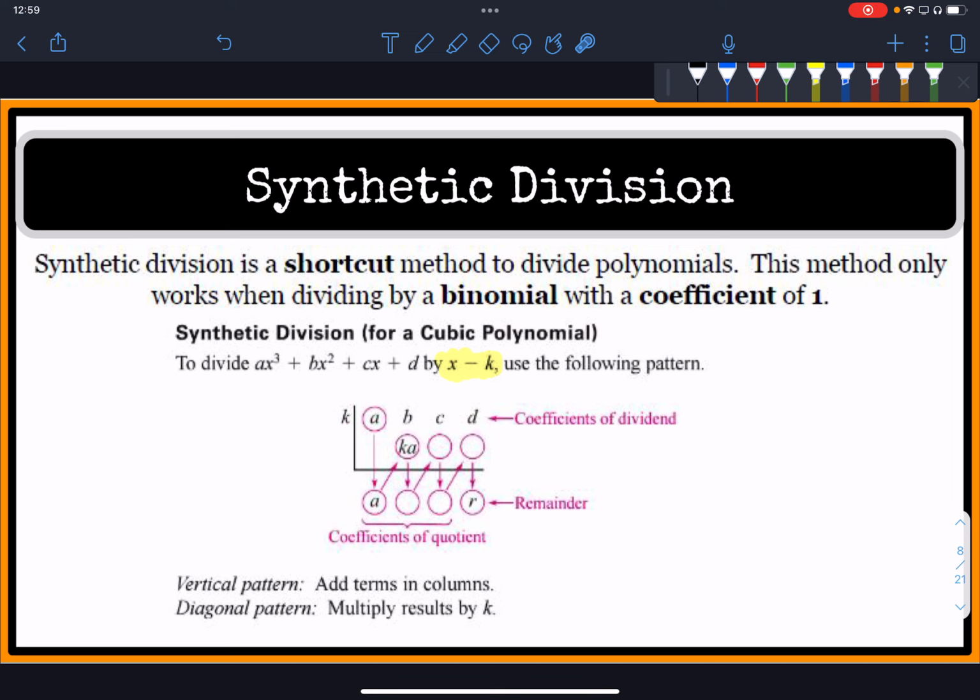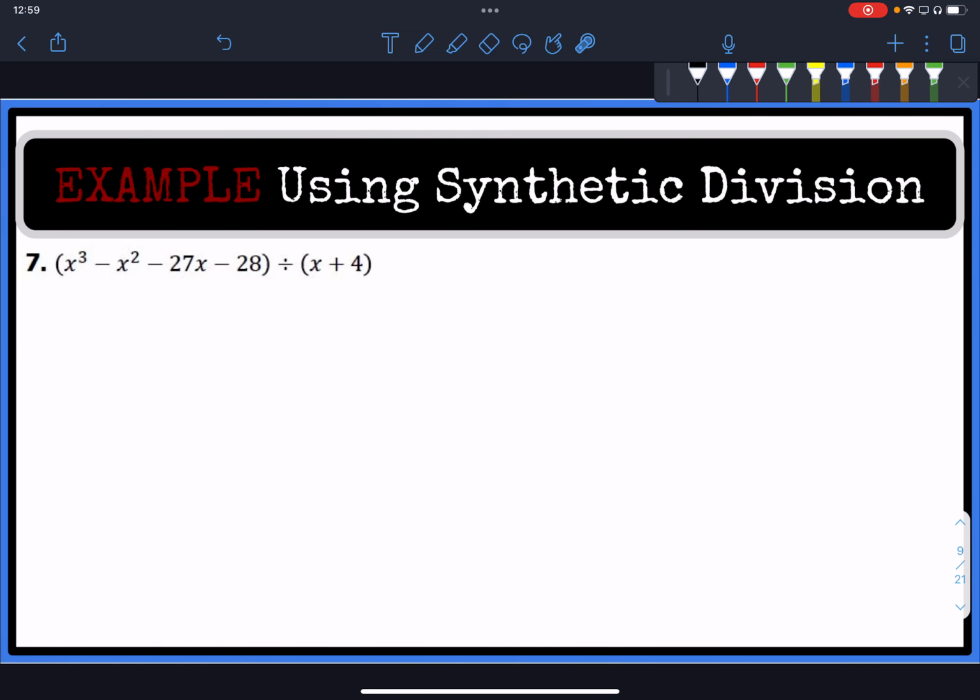So for example, on this example, because my divisor is in this format, this x minus k, I can use this shortcut, this synthetic division notation. So I write my division box upside down, and what I'm going to do is just simply use the coefficients of my dividend, which are 1, negative 1, negative 27, and negative 28.